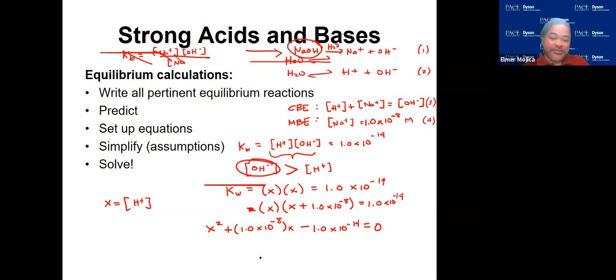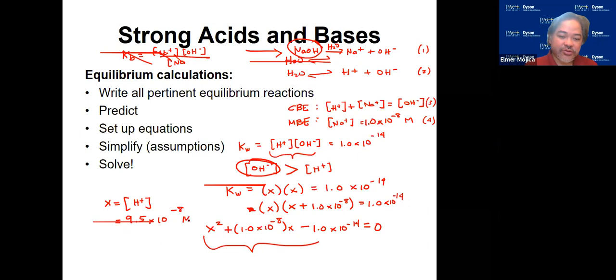So using the quadratic formula, you should be able to get what is X, and the X value that you have there is equals to H plus. And once you have that, you'll be able to get around this value, 9.5 times 10 to the negative 8 molar, giving you a pH that is equals to 7.02.